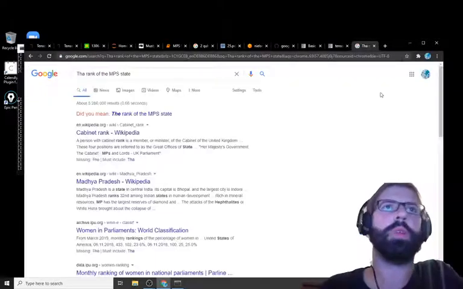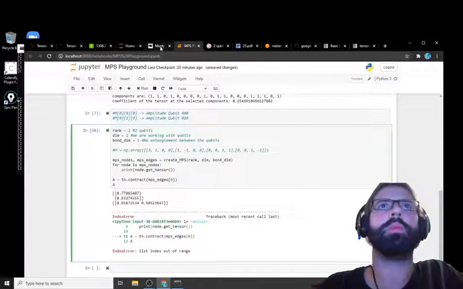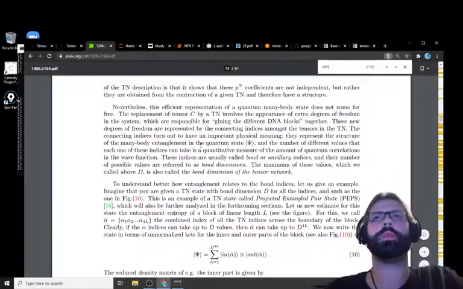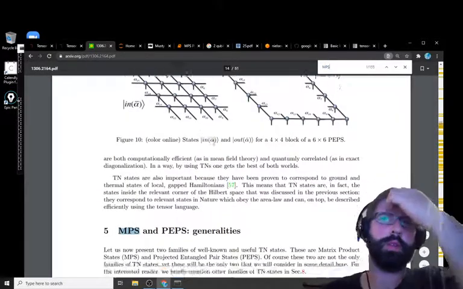What is the rank of the MPS state? Awesome. MPS.